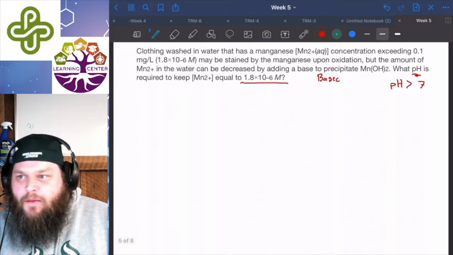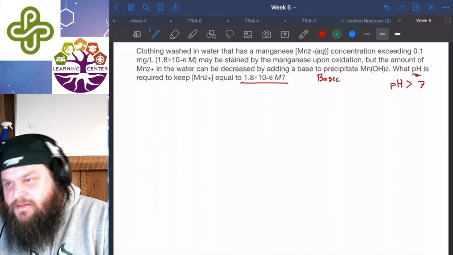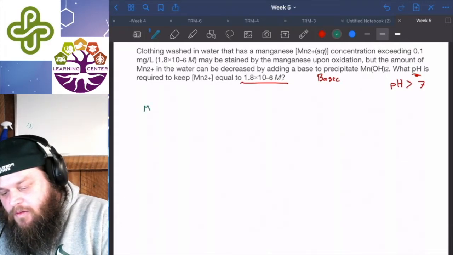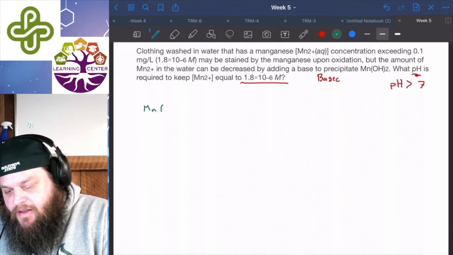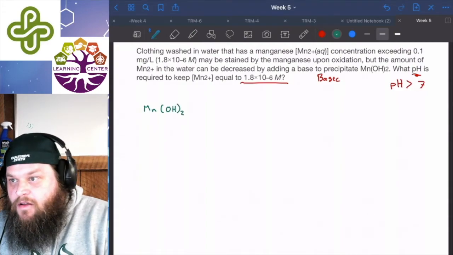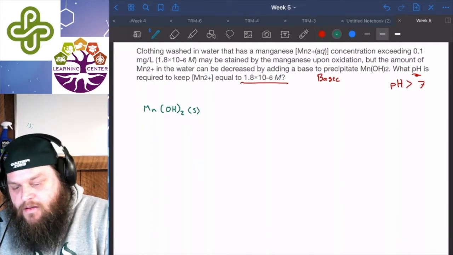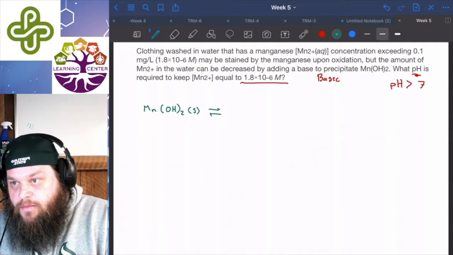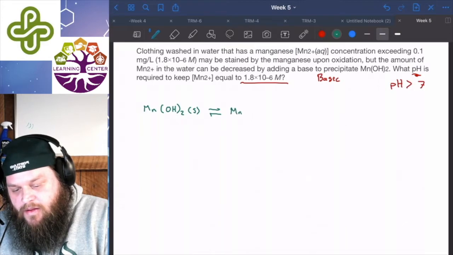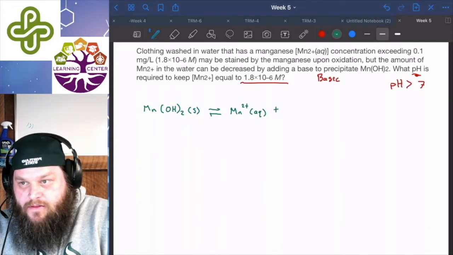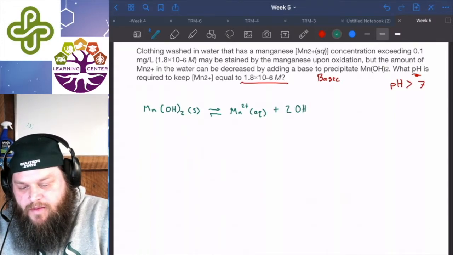So I can write out my balanced chemical equation for this, writing just that equilibrium state for the solid. Manganese dihydroxide solid is in equilibrium with Mn2+ aqueous plus 2 OH- aqueous.